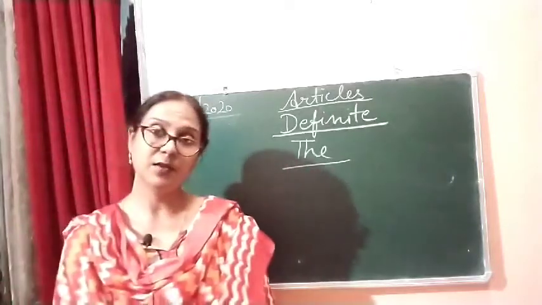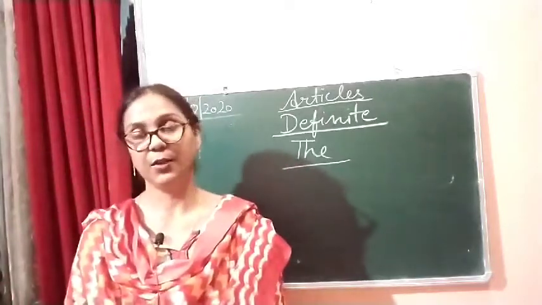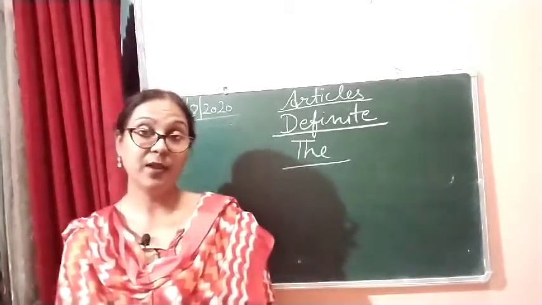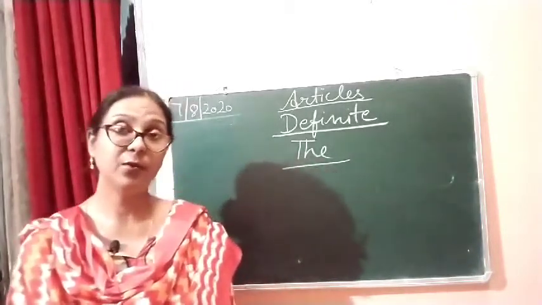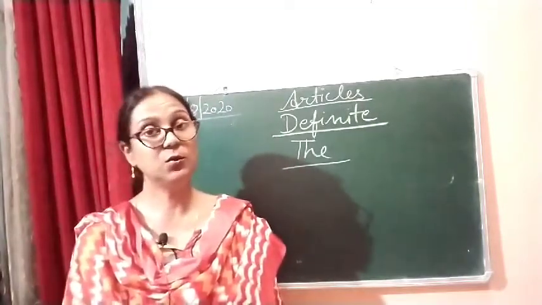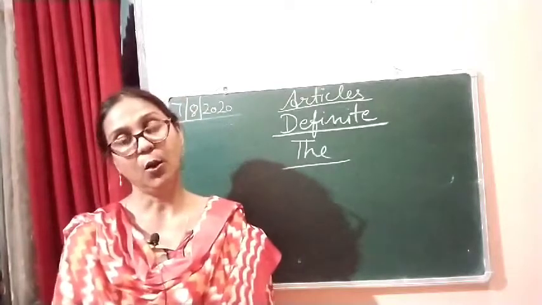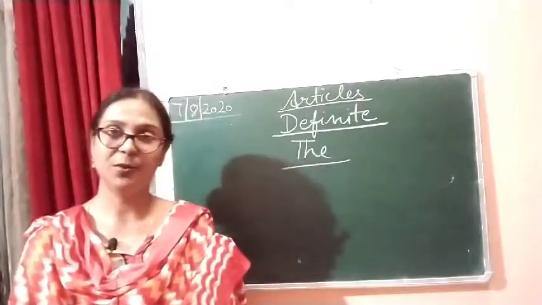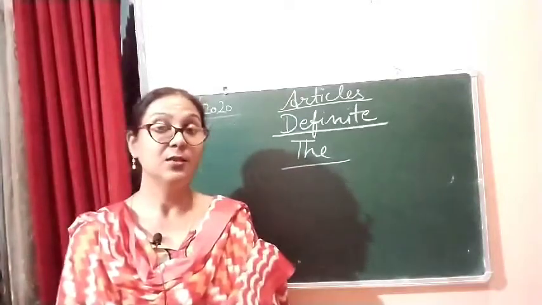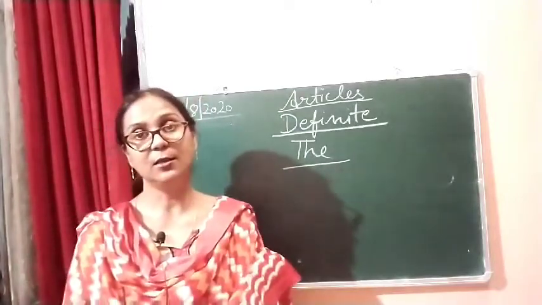If it is famous, we put the. So the is used when we are very definite about anything, and sometimes to emphasize a particular thing, object or person. So the is a very important article.